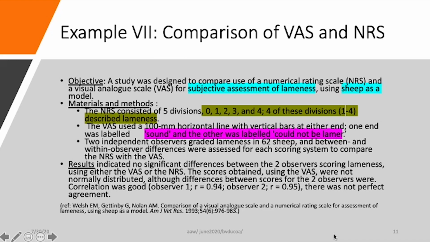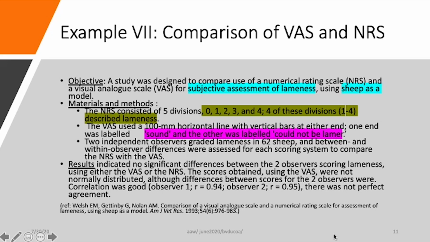Can the results match, or is the difference so significant that the interpretations will be completely changed? So in this study, the use of the numerical rating scale and visual analog scale for subjective assessment of lameness using sheep as a model was studied.